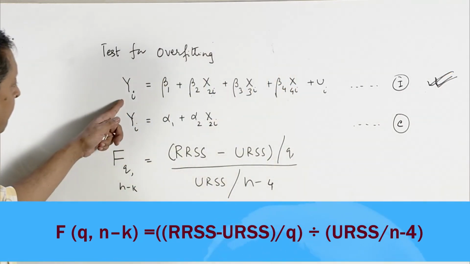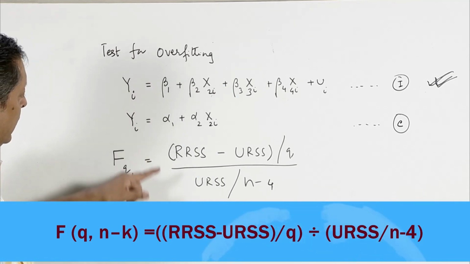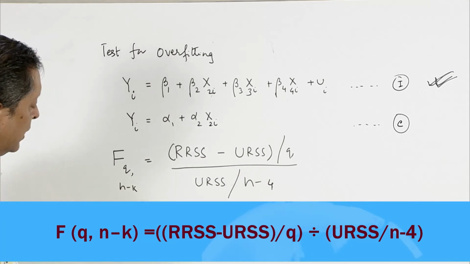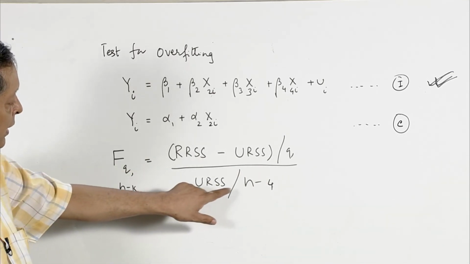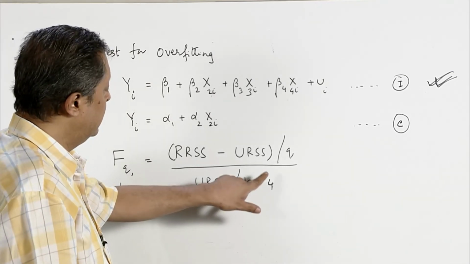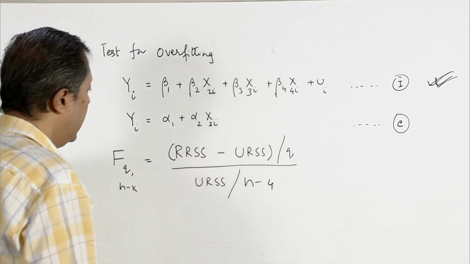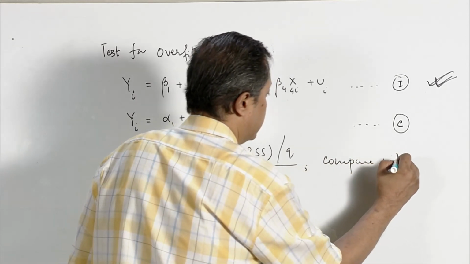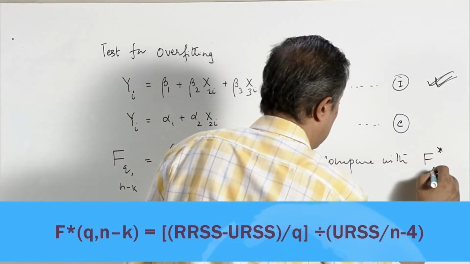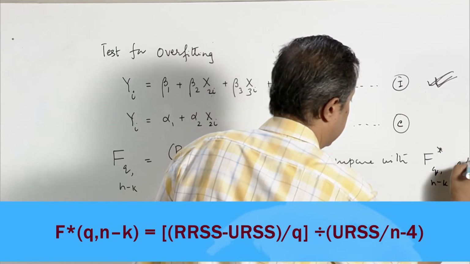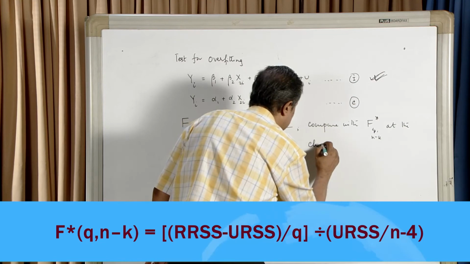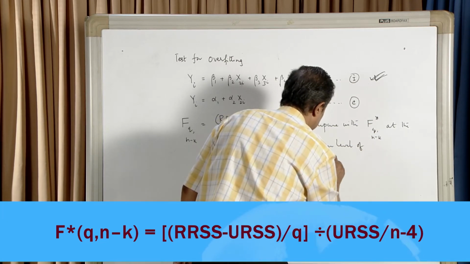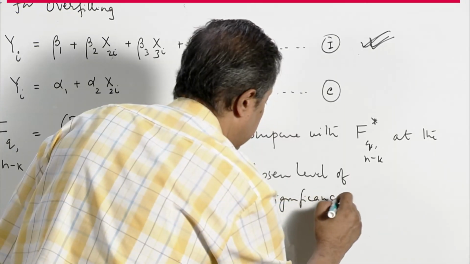So, we run the model and then we run the restricted model also and we calculate the F statistic as restricted residual sum of squares minus unrestricted residual sum of squares divided by number of restrictions, all upon unrestricted residual sum of squares divided by n minus k, where k is the number of regressors in the unrestricted model, and we compare it with the critical value F star q comma n minus k at the chosen level of significance.